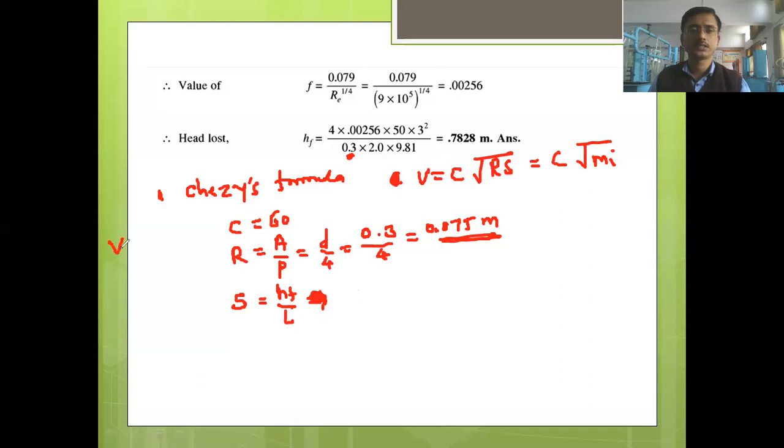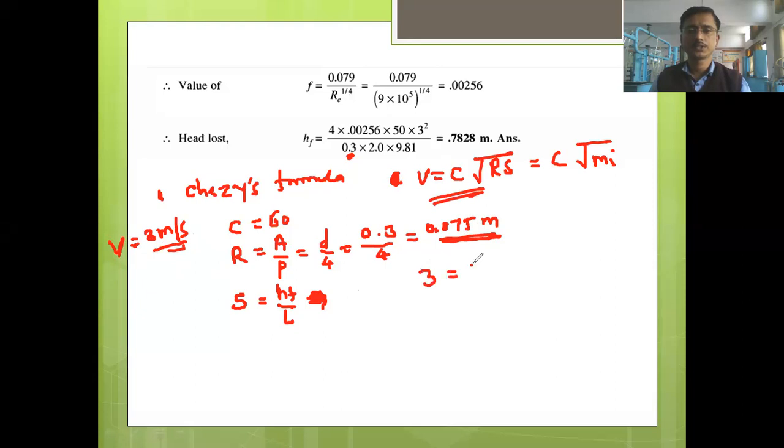Problem मध्ये velocity दिली आहे का? Yes, sir. How much it is? 3 meter per second. So now use this formula. Velocity equal to 3 meter per second.